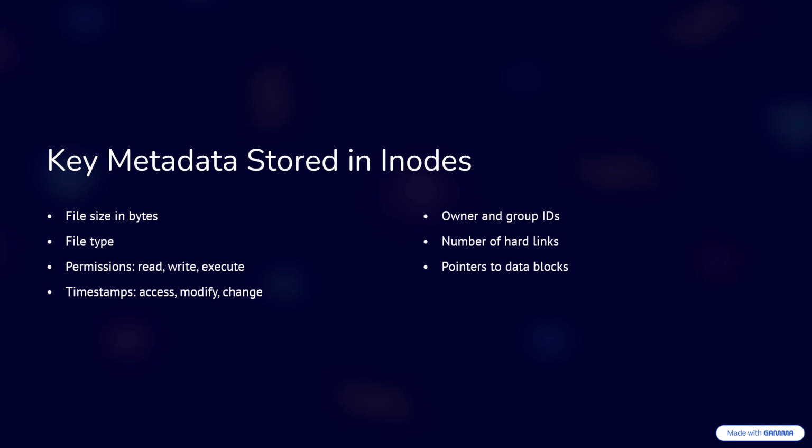Timestamps: access, modify, change. Owner and group IDs. Number of hard links. Pointers to data blocks. Inode number, the unique identifier for the inode. These are the key metadata stored in inodes.